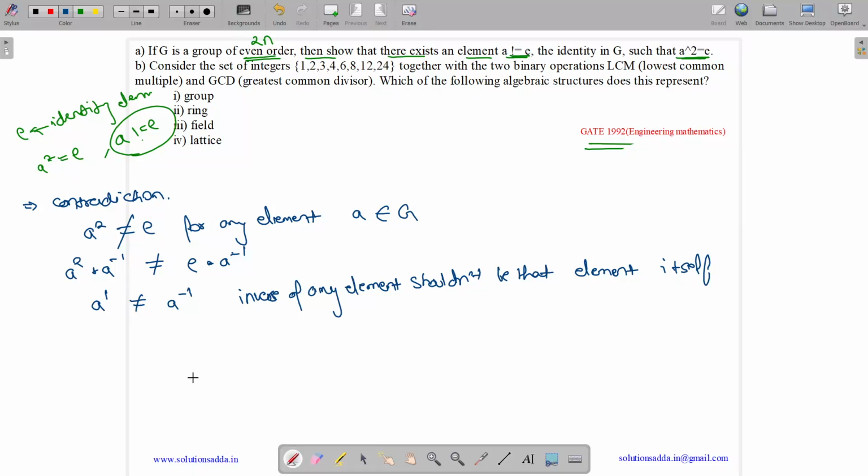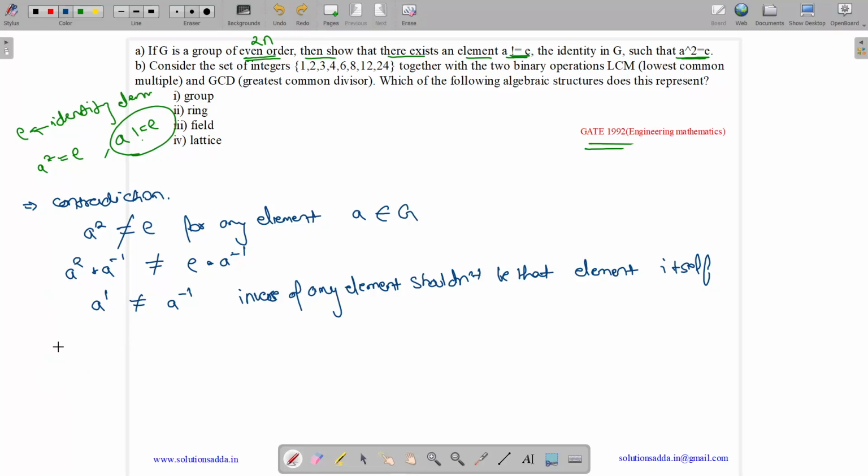So we have to actually get at least one element that is its own inverse. If we can find an element whose inverse equals itself, like x inverse equals x, then we can show that this assumption is wrong, and thus our contradiction is wrong. So we just have to find an element whose inverse equals that element.